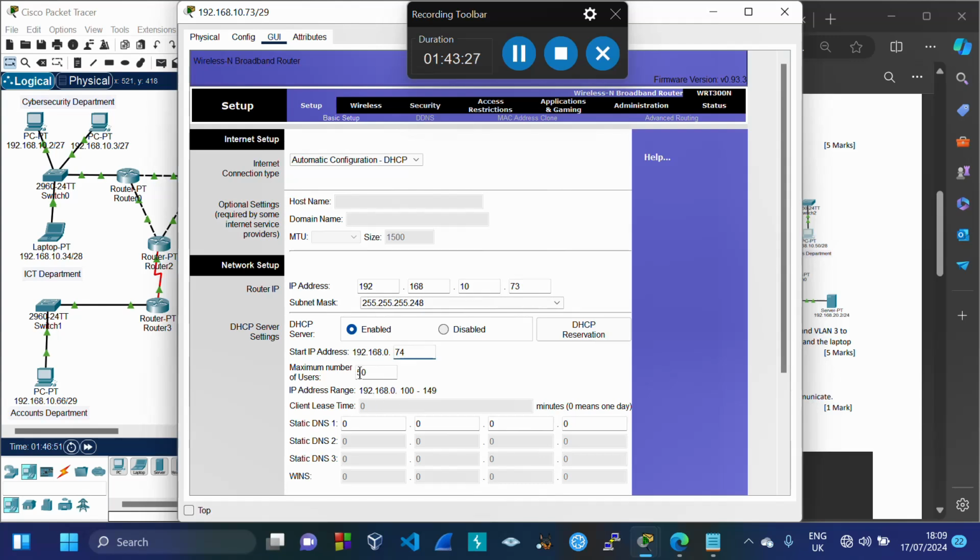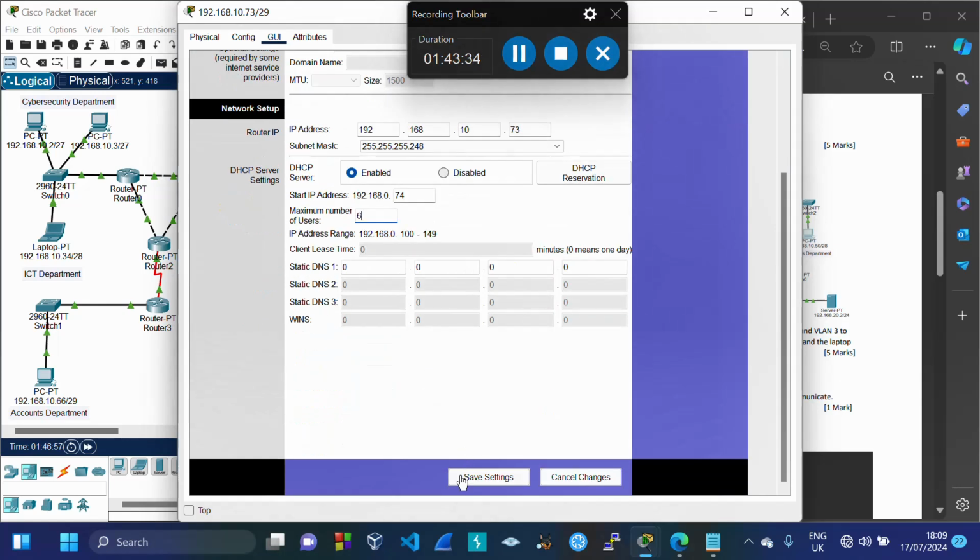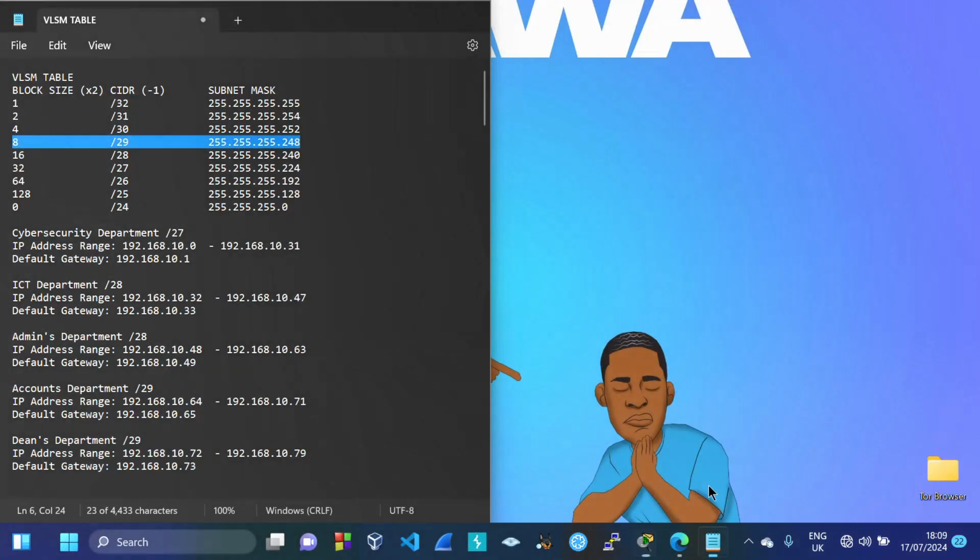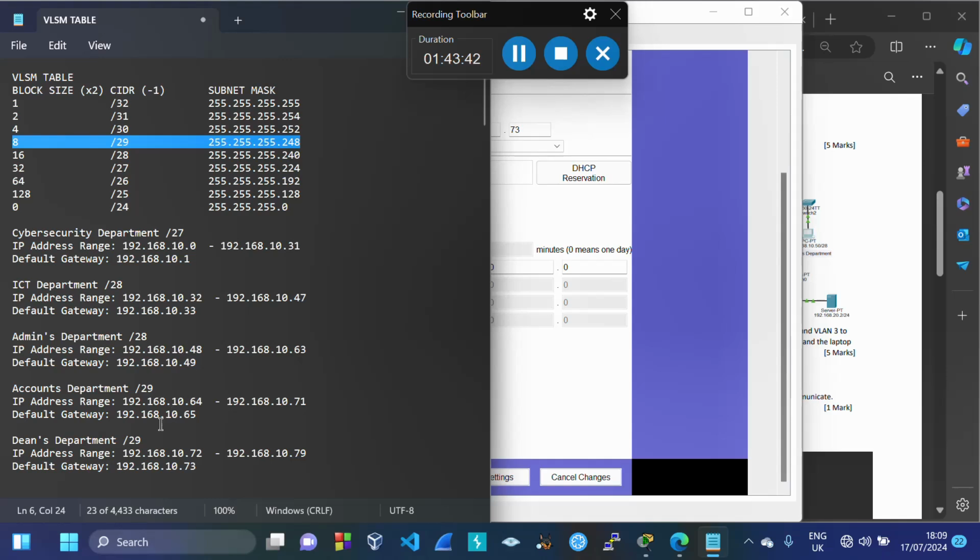Then our block size was 8, so 8 minus 2 to know the number of usable hosts is 6, so I'll just put a 6. Then save my settings like that. So the range can be from 74 to 79. If we confirm, if it's true, we go under the Deans, then we see that we can end at 79 like that, which is cool.